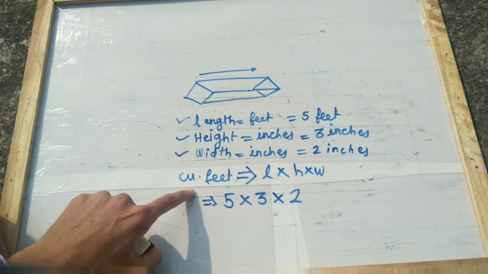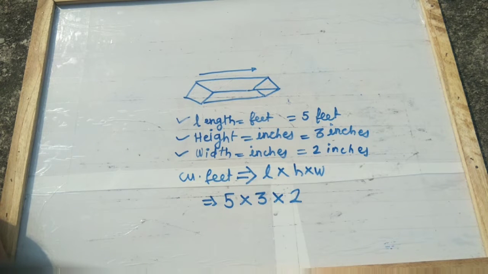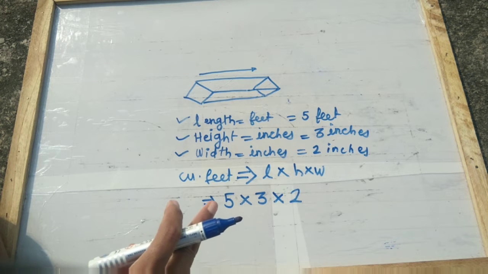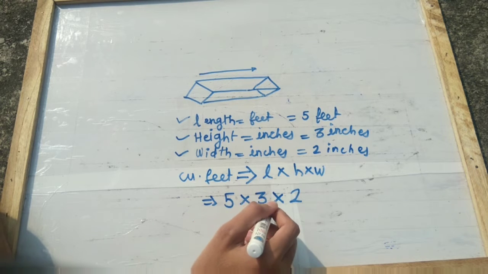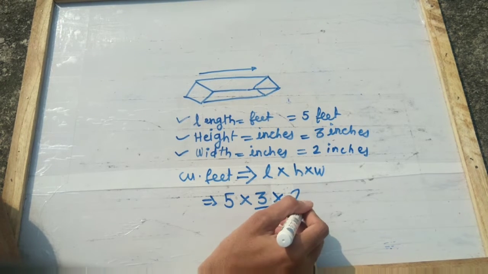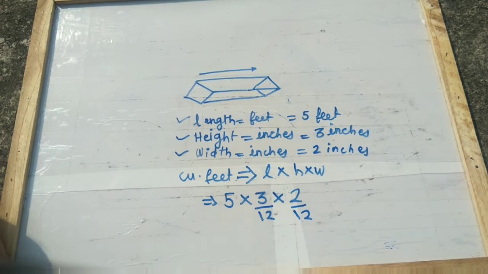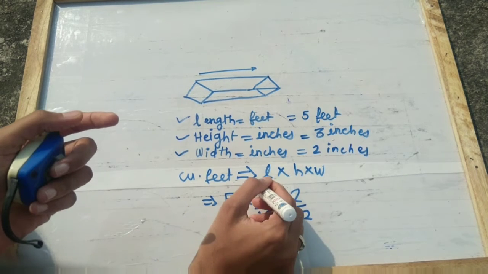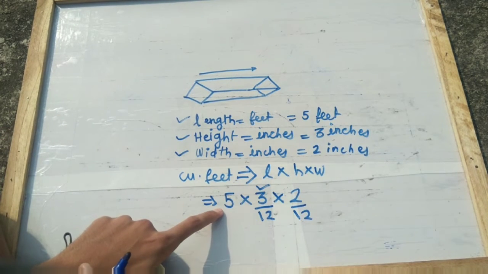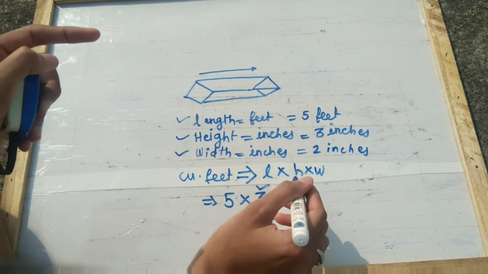So friends, our length is in feet, but our height and width are in inches. So we need to make it in feet. So we divide it by 12. Then it becomes in feet. Our length is in feet, our height is in feet, our width is in feet.